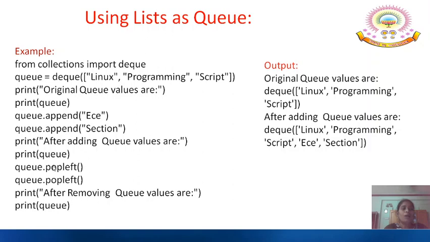Now we are using a method called popleft. Popleft is a method which will remove from the beginning of the list. So the first popleft will remove Linux and the second popleft will remove programming.